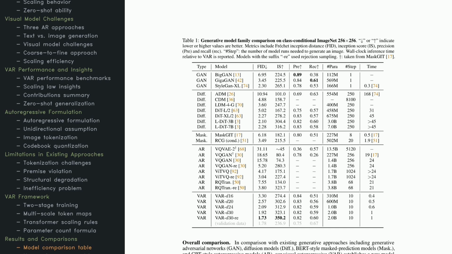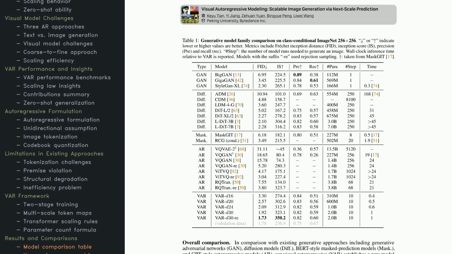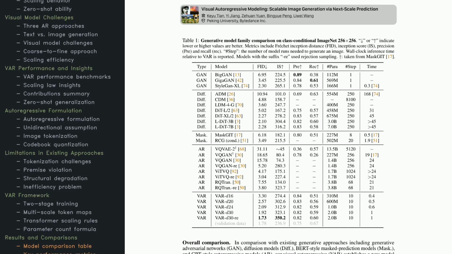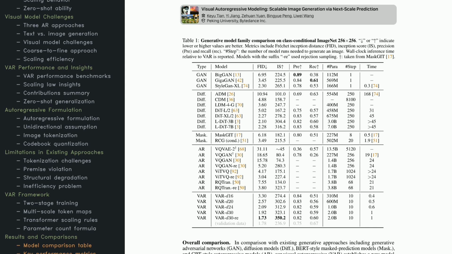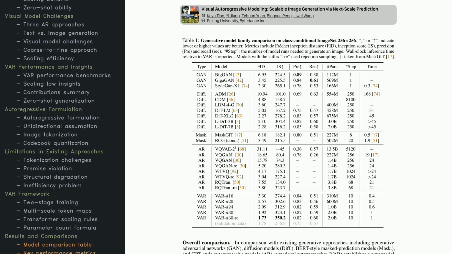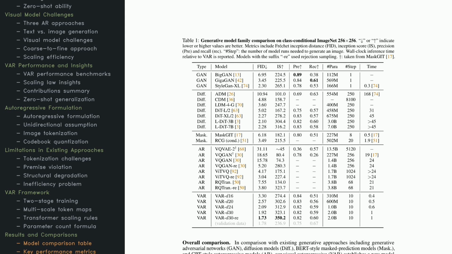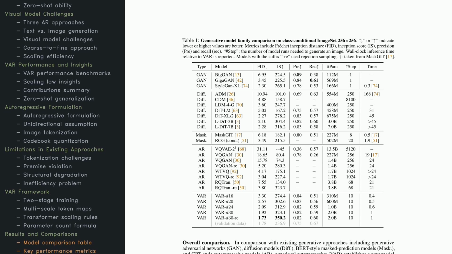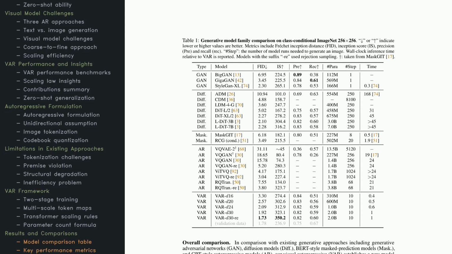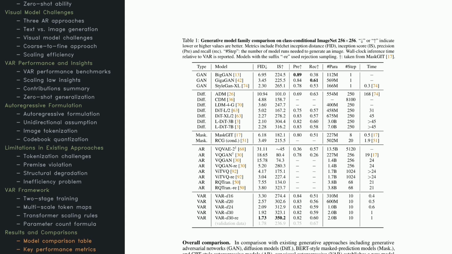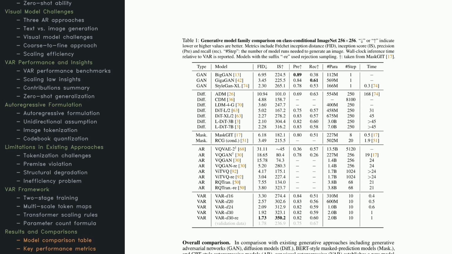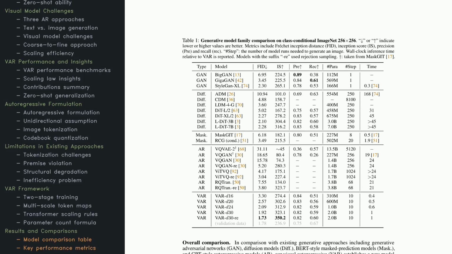Now check out Table 1 on the page in front of you. It compares different generative models on the class-conditional ImageNet 256×256 task. Metrics like FID and inception score help us see which models produce more realistic images. GAN-based models like BigGAN or StyleGAN-XL and diffusion models like LDM are in the table.